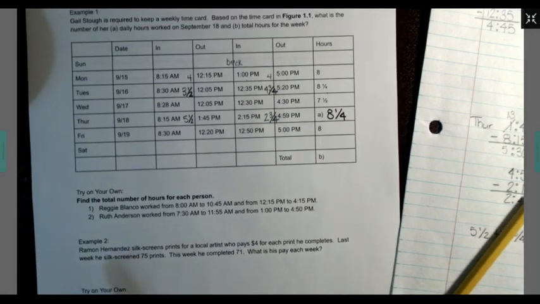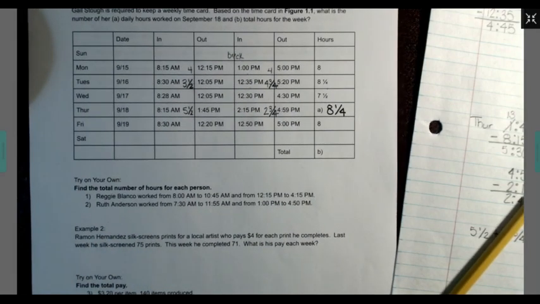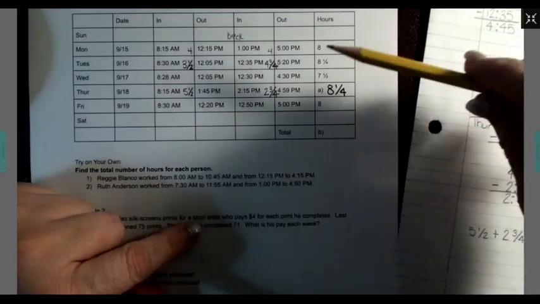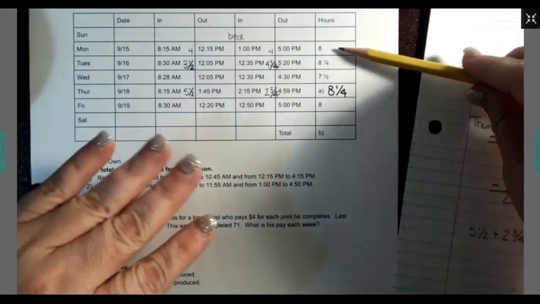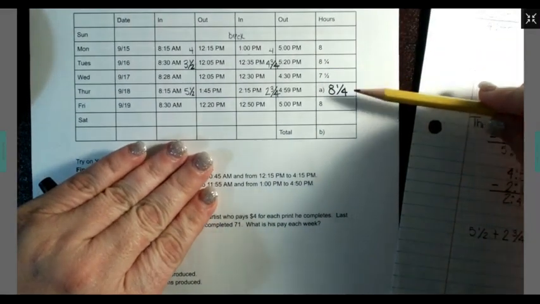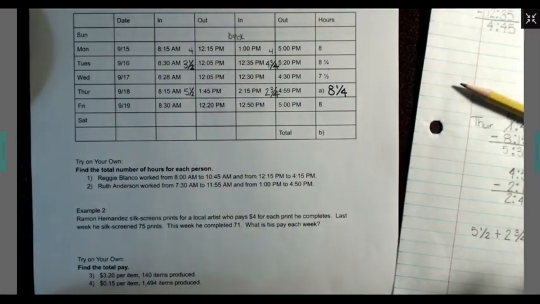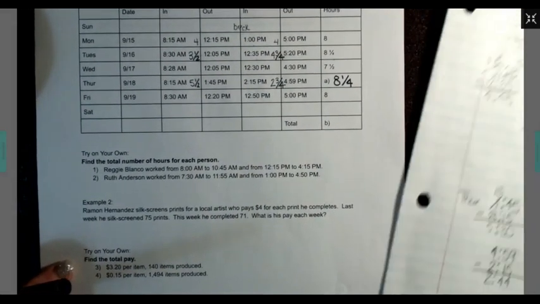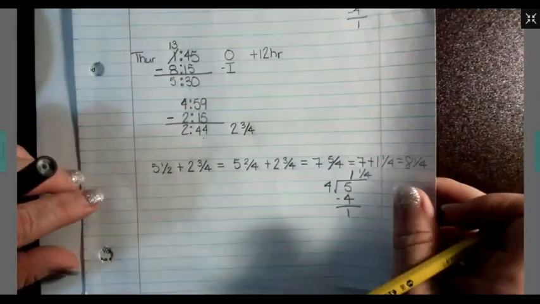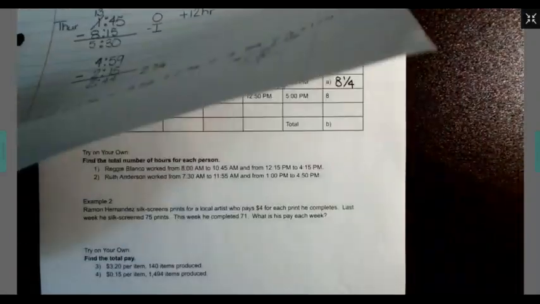Part B asks us for the total hours in that work week. Total hours in the work week. Well, I know the total hours per day. So now all I need to do is add them up, Monday through Friday. So let's go back over to my paper here, and we're going to do some adding.